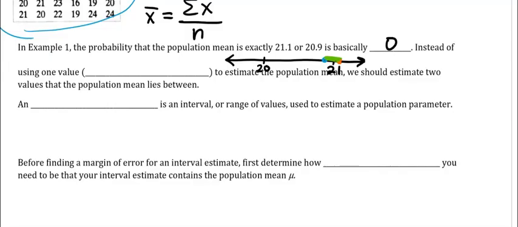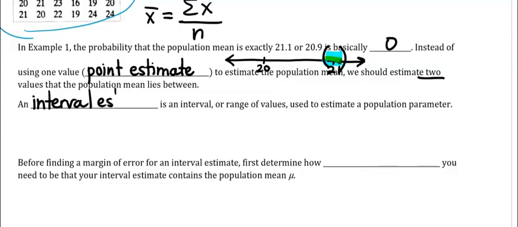So instead of using just one value, like a point estimate, to estimate the population mean, we're going to use two values. And those two values are going to be the endpoints of some confidence interval, or more generally, the endpoints of some interval estimate. So instead of just using one value to estimate the parameter, we're using two values and saying that it's between there.